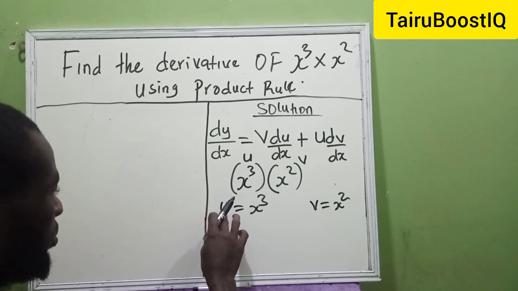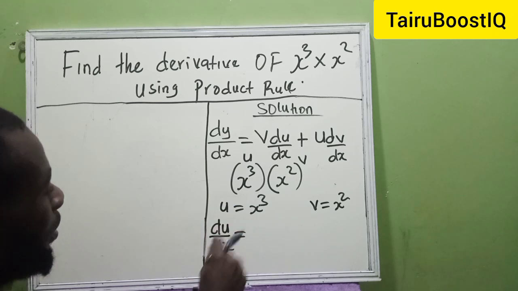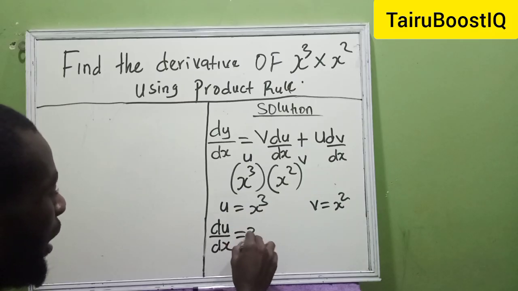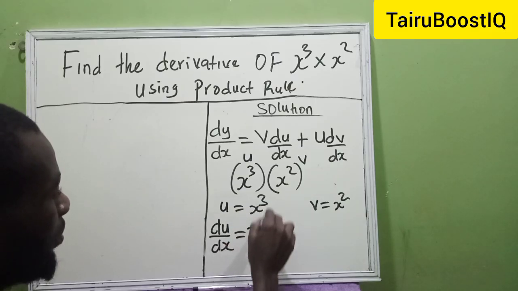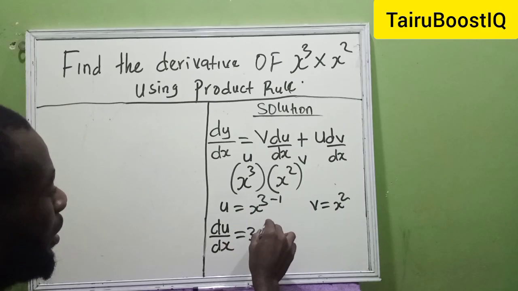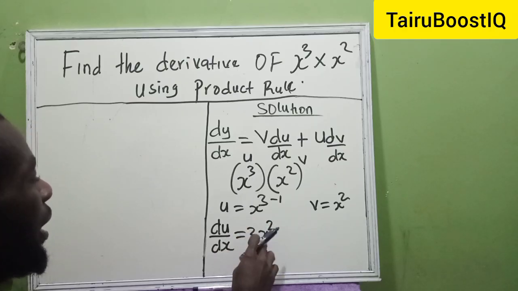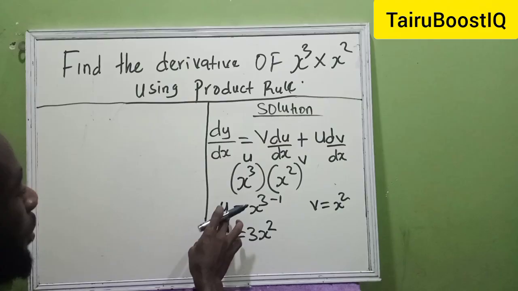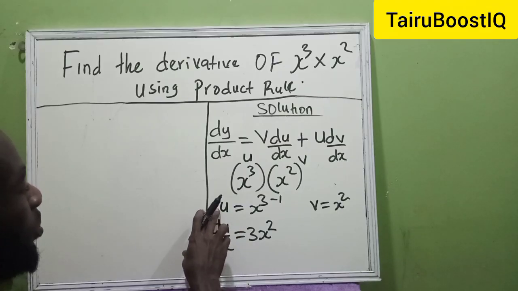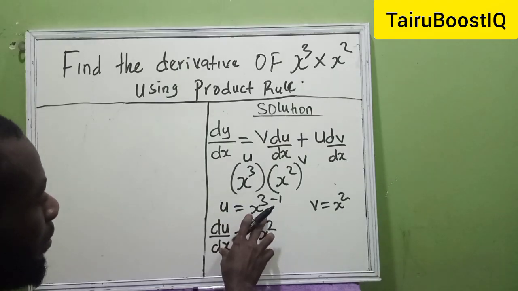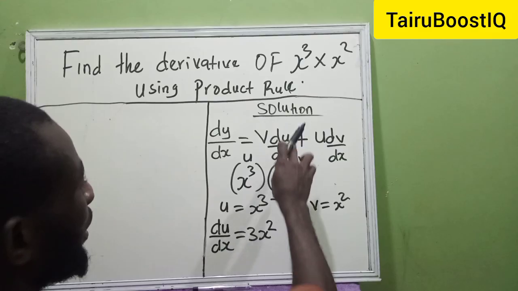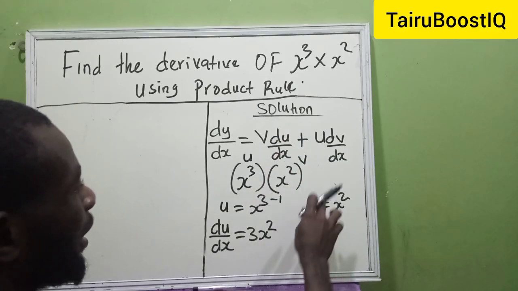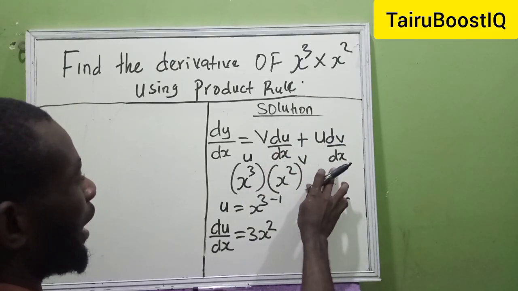du/dx: this 3 will come down, we have 3x, we take away 1, then we now have 3x squared. We differentiate this function with respect to x and we call it du/dx, because we need du/dx. Now we want to get our dv/dx.